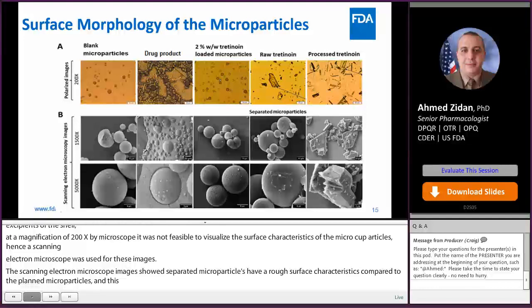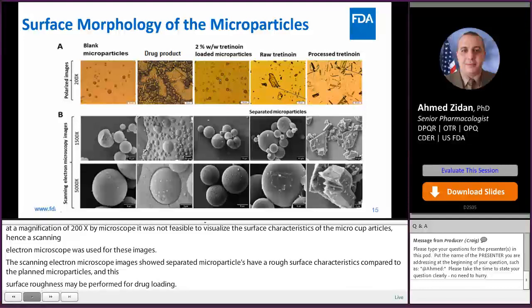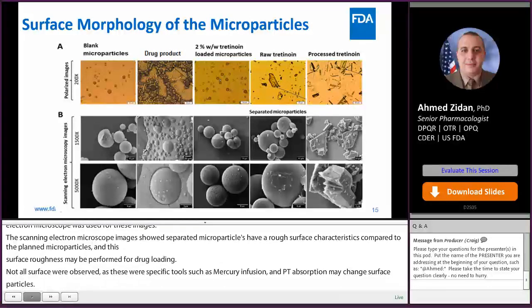Therefore, more specific tools such as mercury intrusion porosimetry and BET nitrogen adsorption may be used to evaluate the pore volume and specific surface area of the microparticles. Optical images of the separated microparticles didn't show any sign of tretinoin crystallization among or at the surface of the microparticles, and this may indicate that tretinoin is precipitating in an amorphous or molecular state within the pore structure of the microparticles.